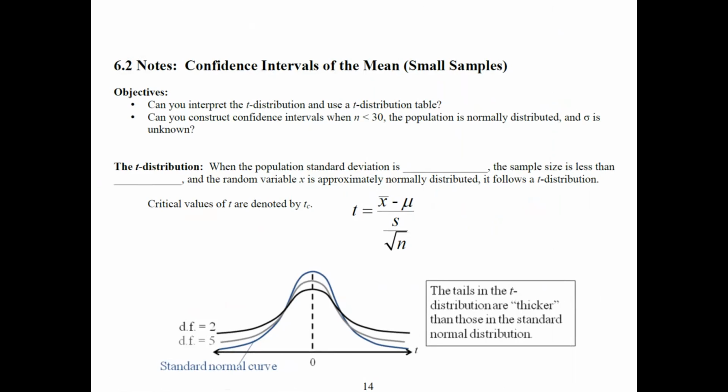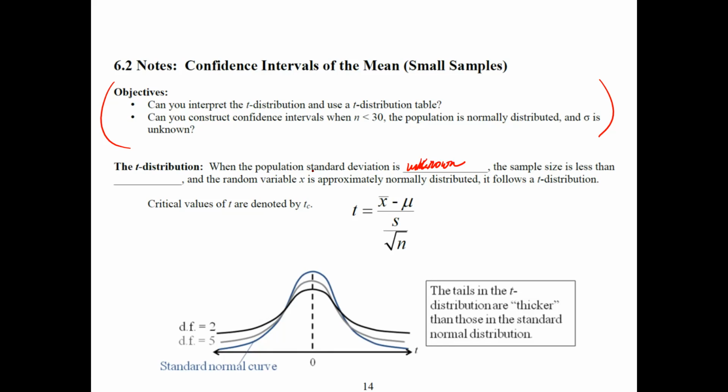So grab your guided notes and go to 6.2, where it says confidence interval of mean for small samples. Go ahead and read the objective. All right, the t-distribution when the population standard deviation is unknown.